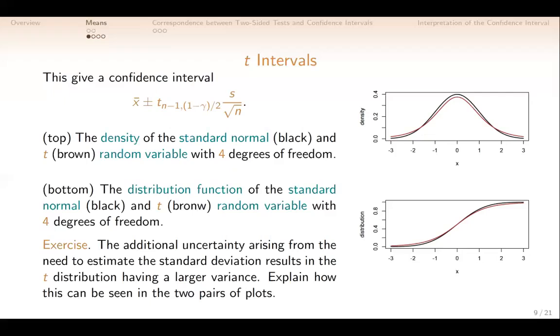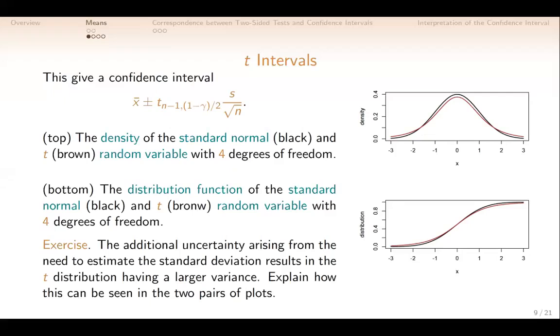So if you look at those two plots, you can see in the top that the tails of the brown distribution, the t distribution, are fatter than the tails of the black or normal distribution. So that means that more of the probability is going to be further out, and so you can expect the critical values to get bigger as you go further out.